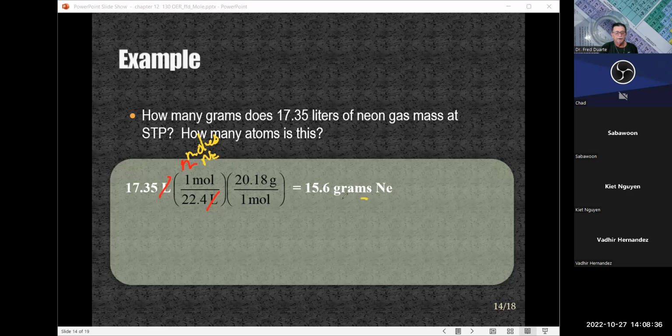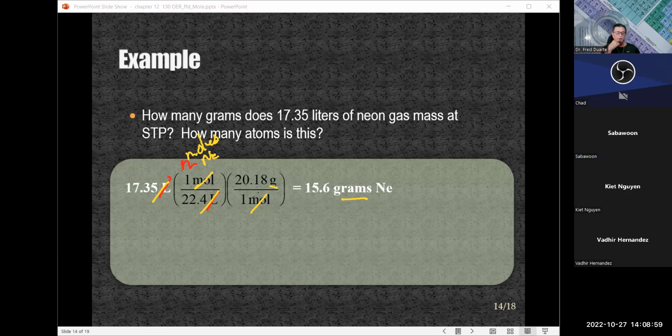But I'm looking for grams. So I need the molar mass to get me to grams. The molar mass of neon is 20.18 grams per mole. My moles cancel, as my liters did. And now I have units of grams, and now it's a matter of typing in the numbers.